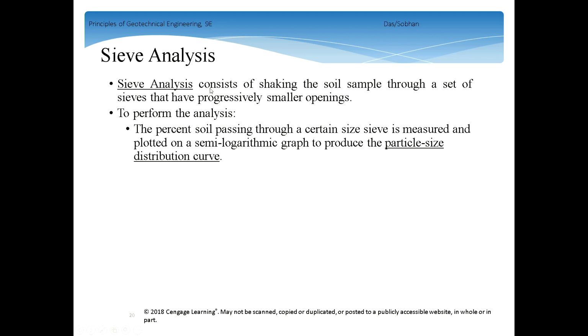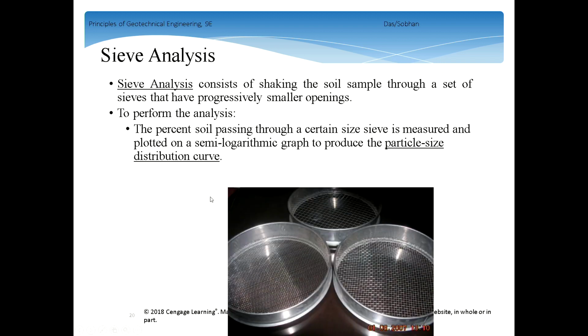So sieve analysis consists of shaking the soil sample through a set of sieves that have progressively smaller openings. To perform the analysis, the percent of soil passing through a certain sieve is measured and plotted on a semi-log graph to produce the particle size distribution curve.